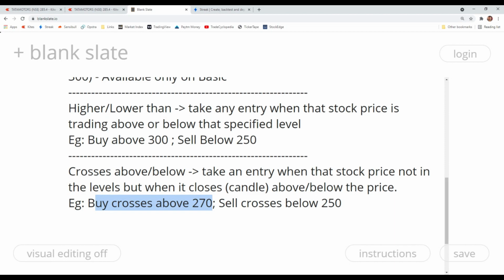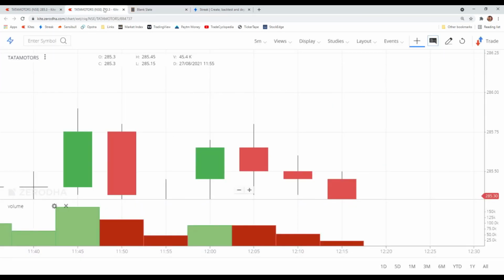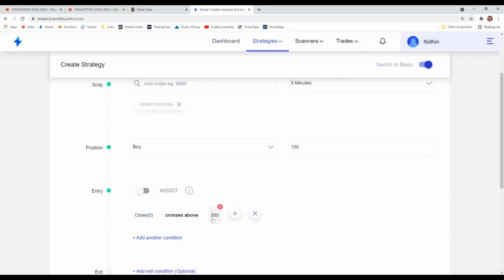But whenever it crosses the 270 level, it may give me a 10-point move from 270 to 280, just as an example. I'm just saying this as an example. But the price of Tata Motors is now at 285. So if I put this, just for example, as higher than 270.